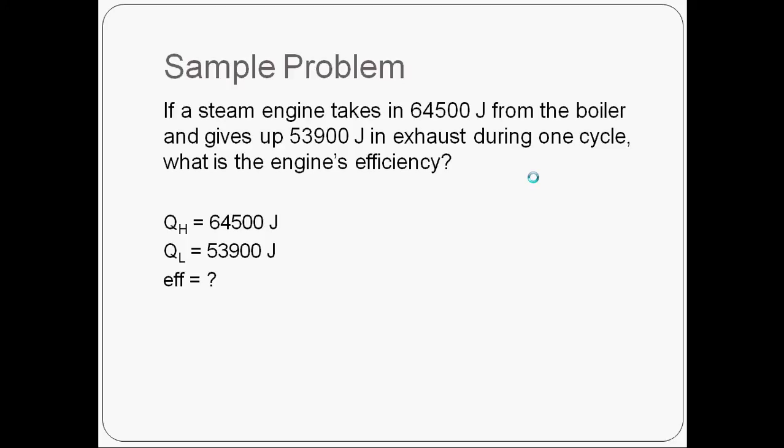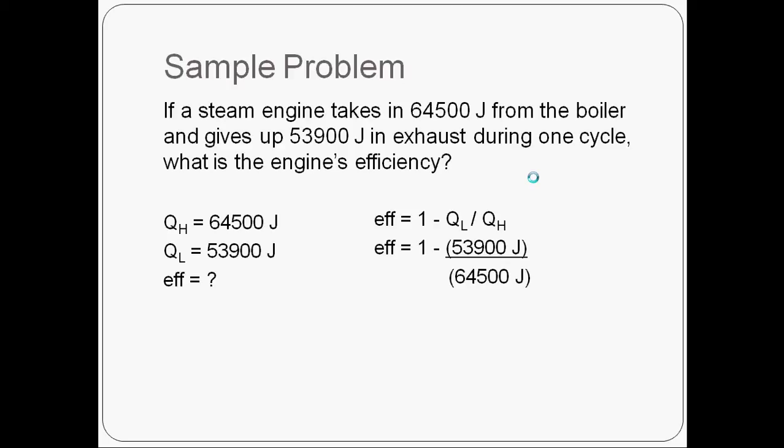Now we have our two options in terms of which equation we want to use. I'm going to choose this one because that way I don't have to calculate work. I can just plug in all the values that I know. So the efficiency is equal to 1 minus the fraction QL divided by QH.